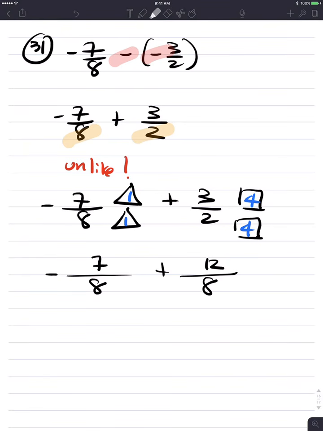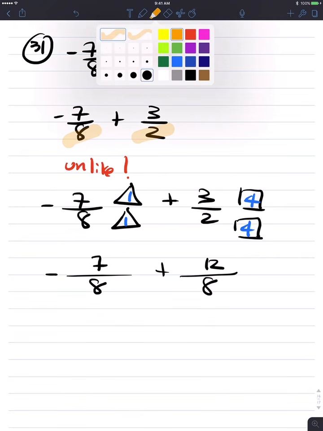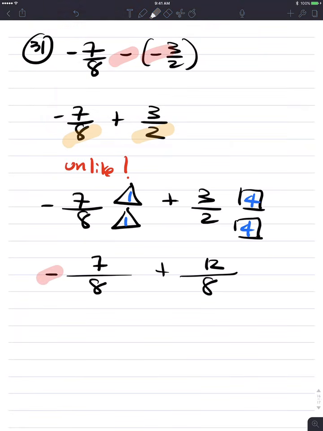Keep your negative sign here at the same level, applying it to the 7. And that way I could just do my arithmetic with my numerators, meaning, take negative 7 and add it with 12.